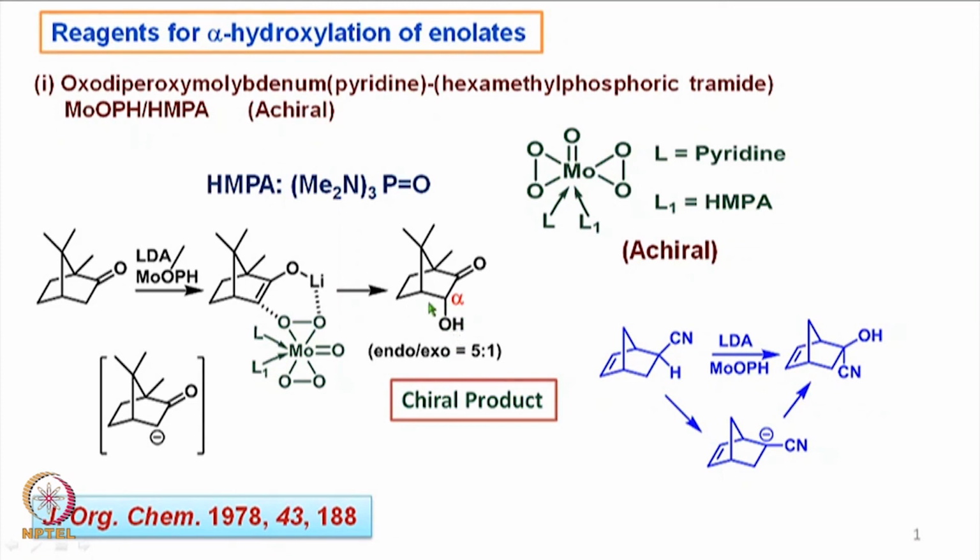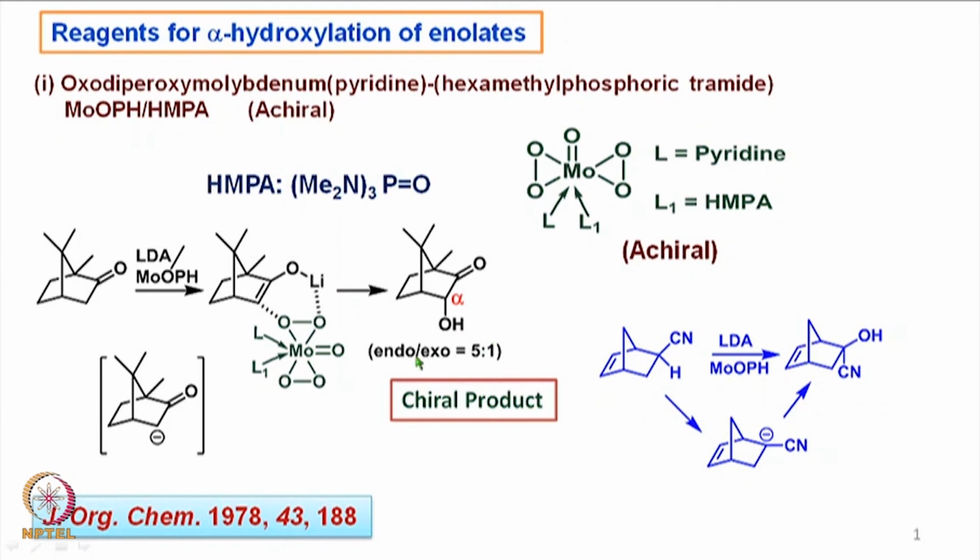And since the beta side, that is the upper side or the exo side of the molecule, is sterically hindered because of these methyl groups, we get a mixture of two alpha hydroxy ketones in which the compound having the endo hydroxy group is the major product.